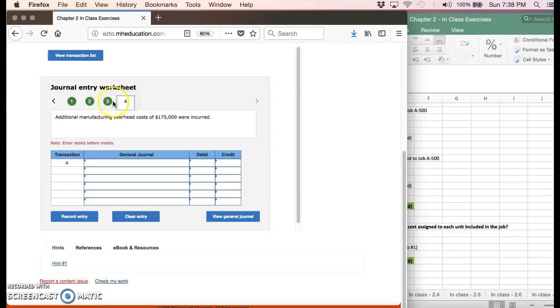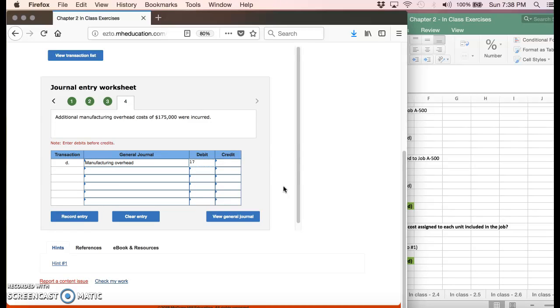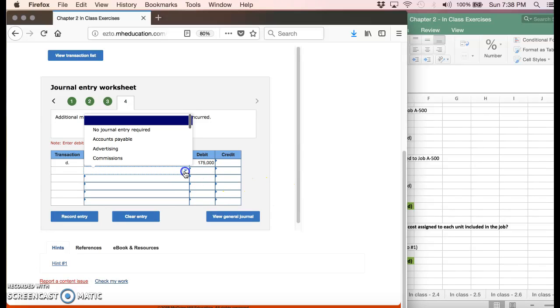And let's see what our last journal entry is. Additional manufacturing overhead costs of 175,000 were incurred. Well, so we definitely know this is manufacturing overhead. So we'll put it 175. And we'll see what our options are for credit accounts.